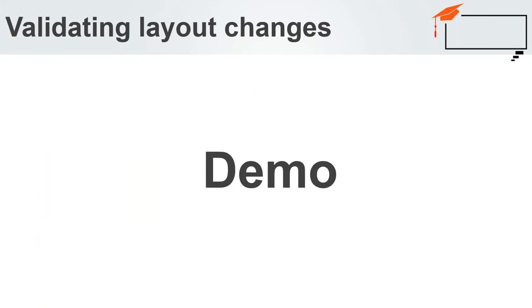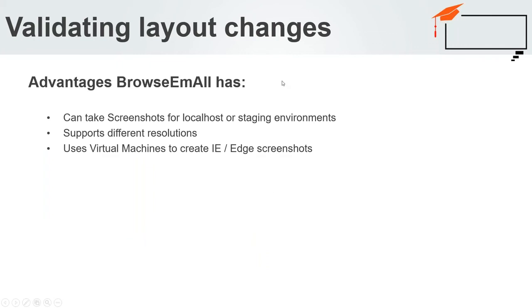So with this, you will only need to validate the layout changes in the screenshots, which can be much faster than through manual testing. Once again, the main advantage our tool has, BrowseEmAll, is that it can work on staging environments and localhost because it runs on your local machine.